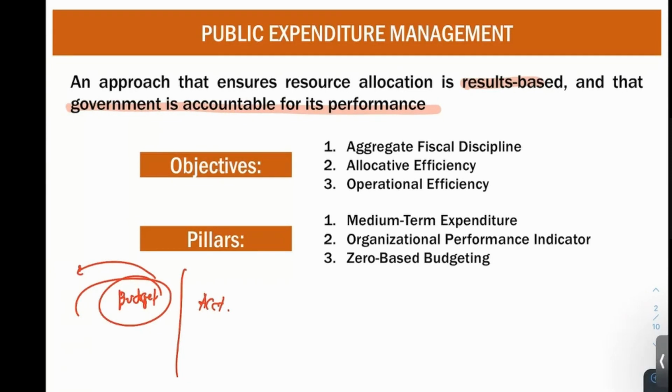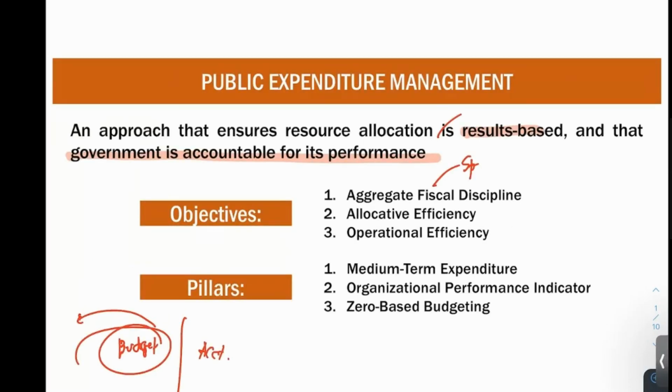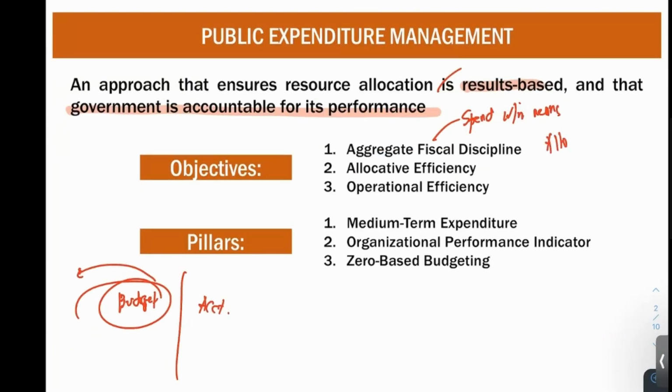So we said that whatever is allocated, you must only spend within that allocation. So this aggregate fiscal discipline also talks about that way. It says that you must only spend within your means. Spend within means. In short, you spend only based on what is allocated to you, which is also enunciated by your GUM.